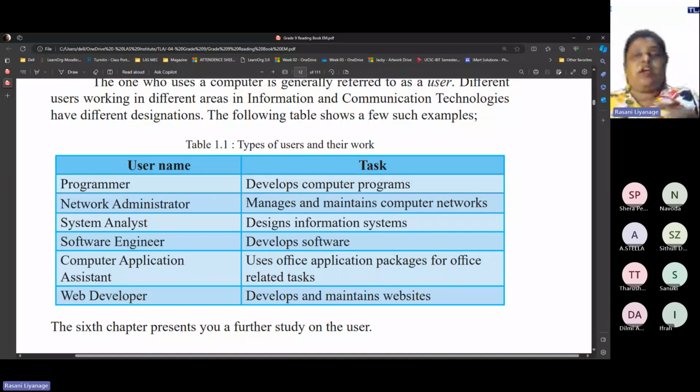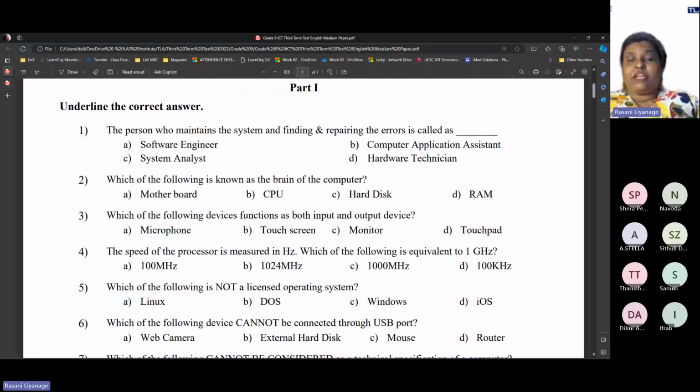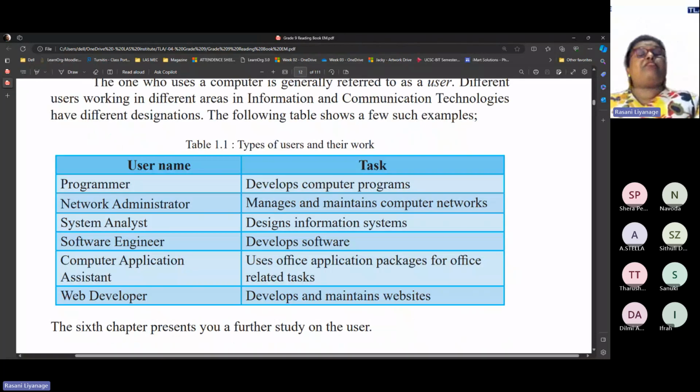That you all know. All right, so the first question is straight away from the first unit. In the first unit, we have talked about the users of computers. Other than day-to-day people as users, there are situations with professions, jobs related to IT.